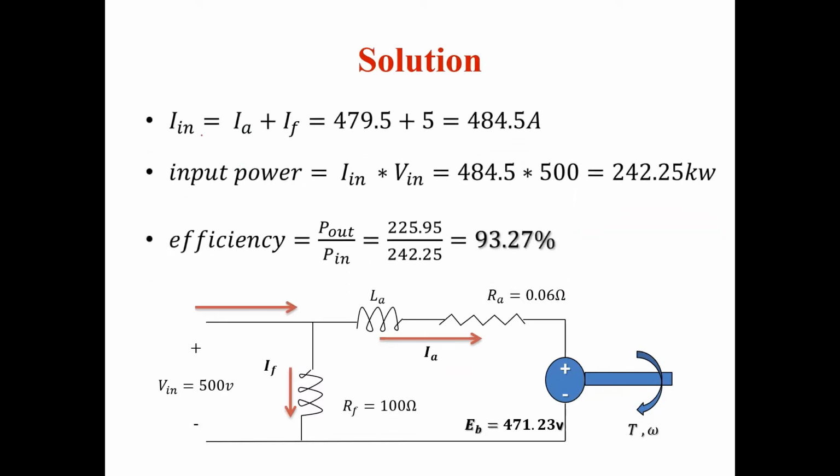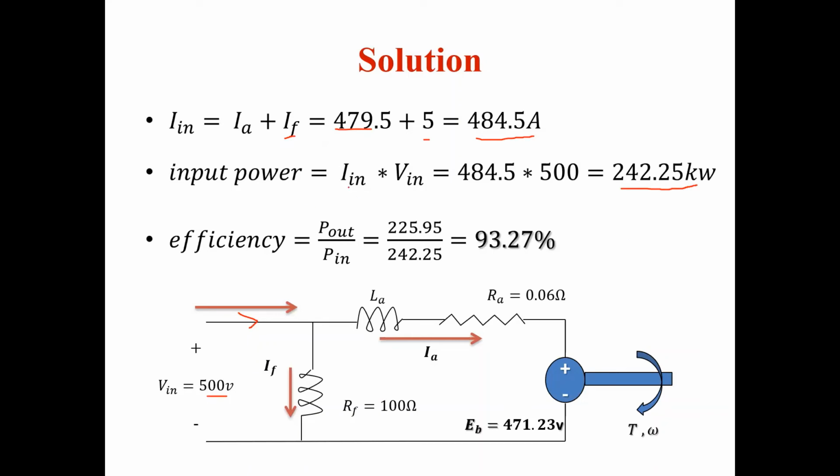Now, the input current equals the total input current. To determine the input power, the input current will be IA, that we have obtained, plus IF, that's 5. So totally, the input current is 484.5 ampere. Therefore, the input power will be input voltage times input current. The input voltage is 500, the input current is this much, and the input power will be 242.25 kilowatt.